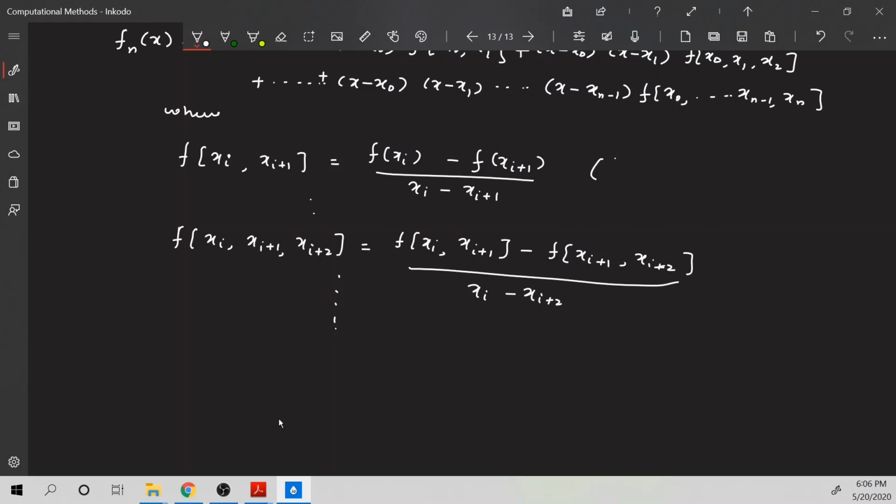So this is known as the first finite divided difference. This is known as the second finite divided difference. Let us talk about the nth finite divided difference.